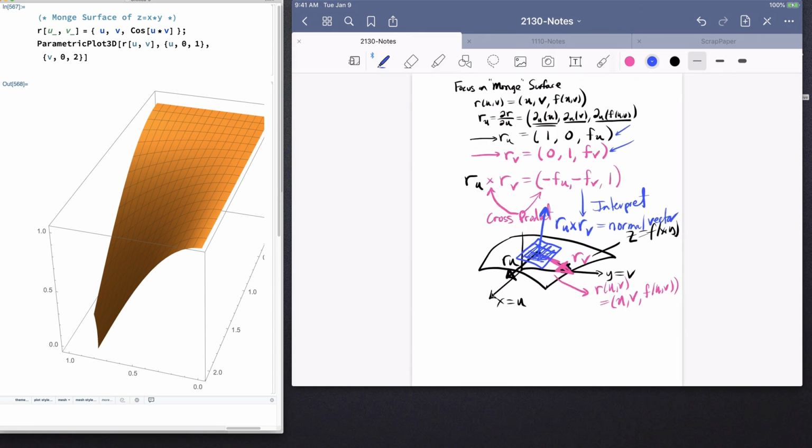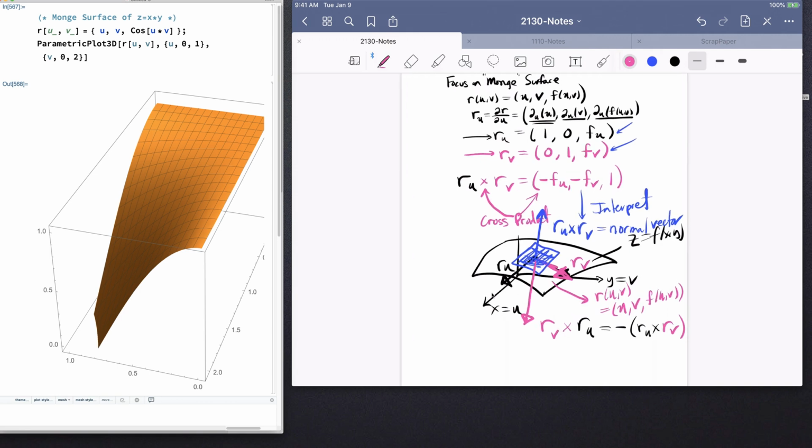There is also another vector that is in the exact 180 degree opposite direction. That would be r_v cross r_u, right? And that is just the negative of r_u cross r_v. These are vectors that are the same, just in 180 degree opposite directions.